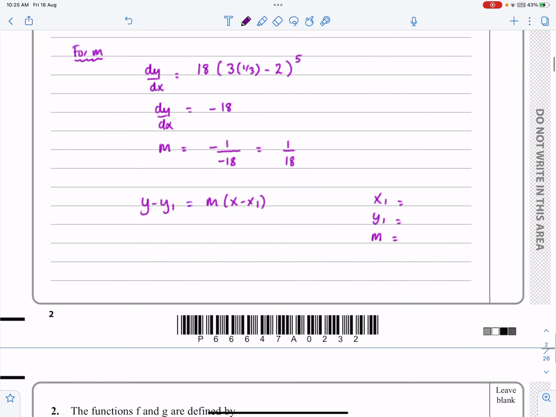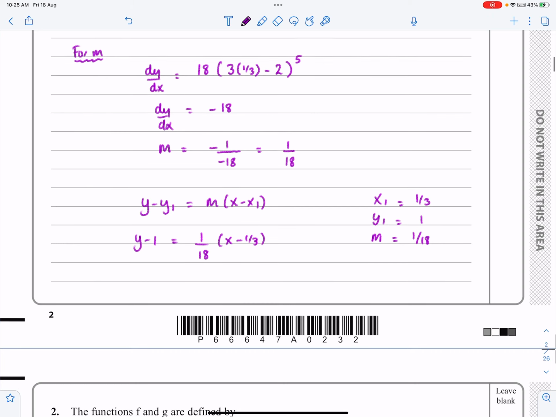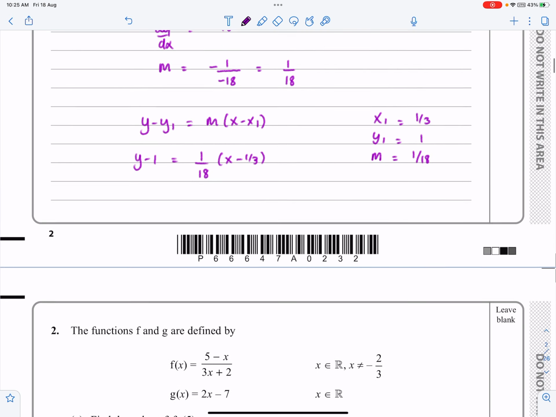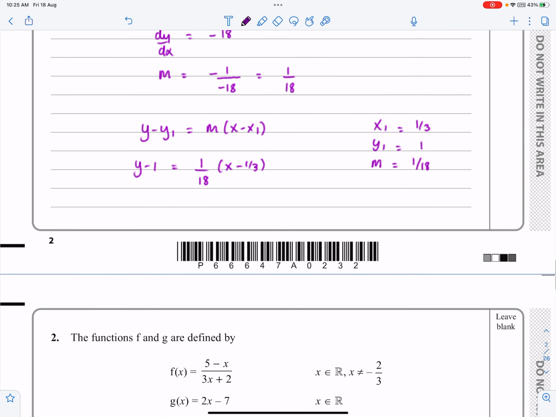So x1 is a third, y1 is 1, and m is 1 over 18. So if I stick those things in, I'm going to get y minus 1 equals 1 over 18 (x minus a third). They wanted it in the format ax plus by plus c equals 0. So remind myself of that if I'm going to be doing that then.